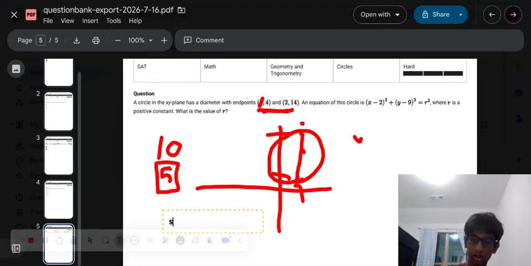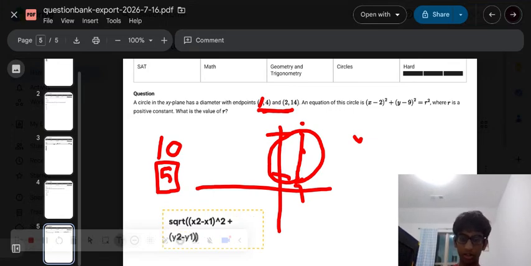It would be the square root of (x2 − x1)² + (y2 − y1)². Okay, and that's just coming from your Pythagorean theorem, just a modification of this using your coordinate geometry, and that's how you'd solve this problem.